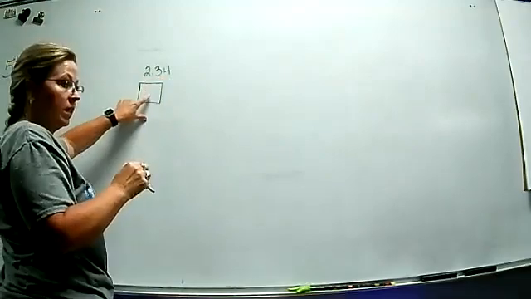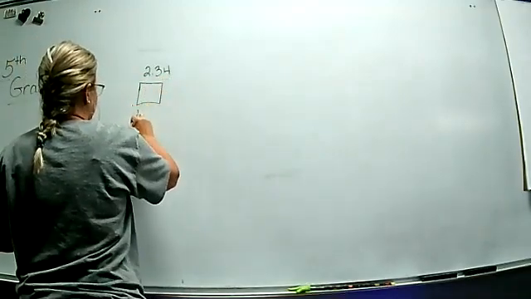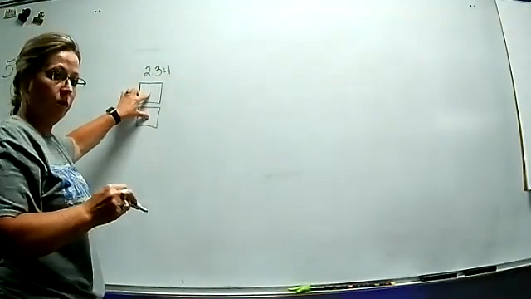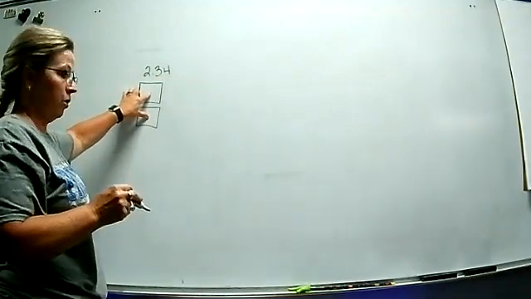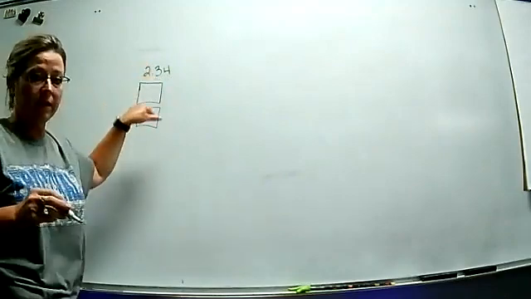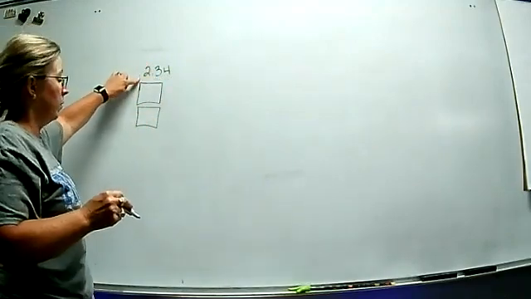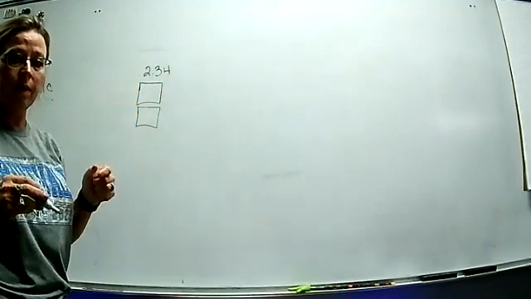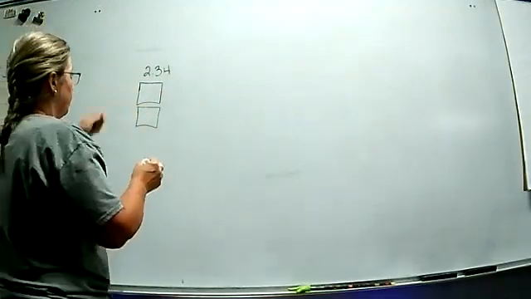So for simplicity, I'll just draw the square. So my whole number is represented by the 2 whole, 100 out of 100 blocks if this was a base 10 model. That number is 2, so I have drawn 2 models of the 100 base 10 block.